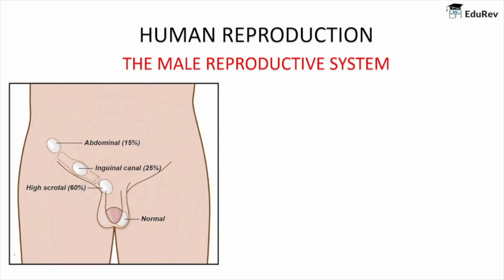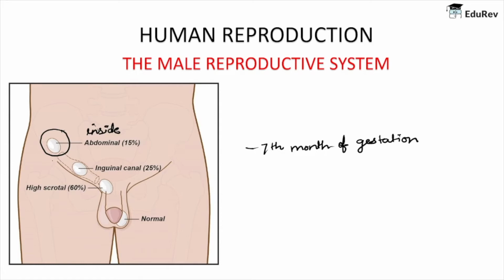Now about the testes that we are studying. The testes were not always present outside the body, as we have seen in the previous topic. During the fetal stage, they are made inside the abdomen, as you can see. But at the 7th month of gestation, which means pregnancy, these testes which are made inside the abdomen descend to the scrotum.